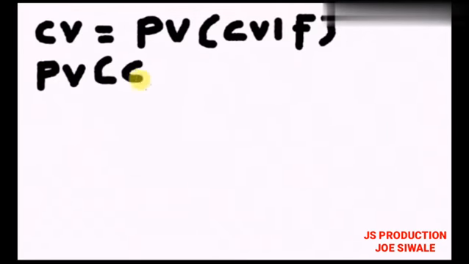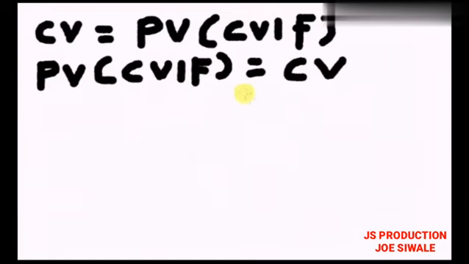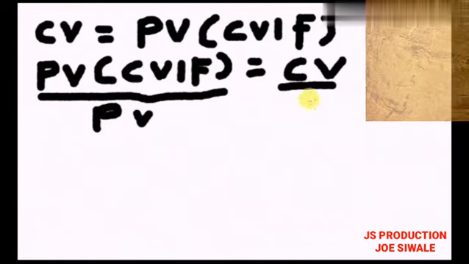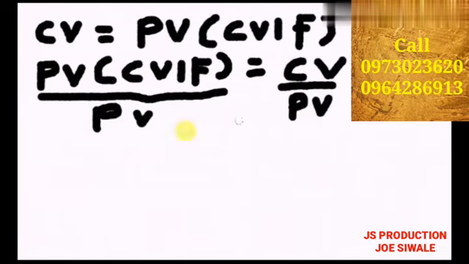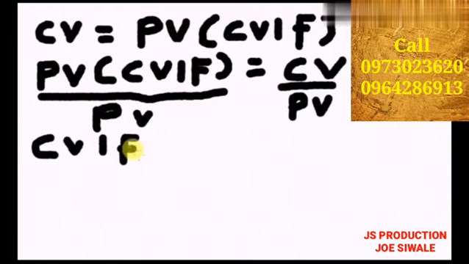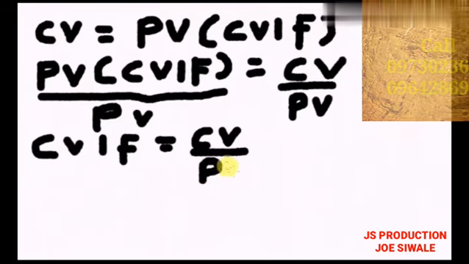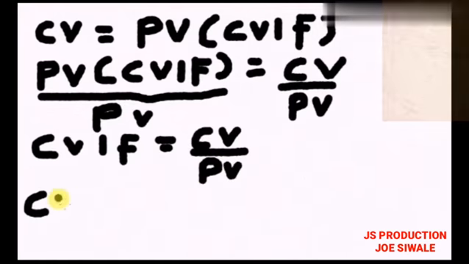So my compound value interest factor is equal to the compound value divided by the present value.